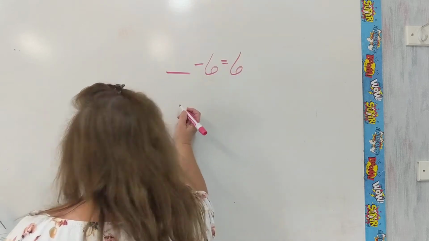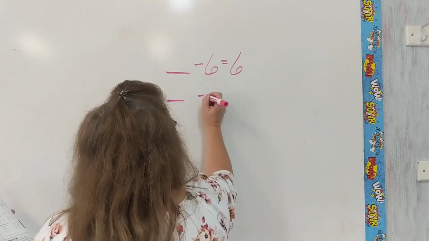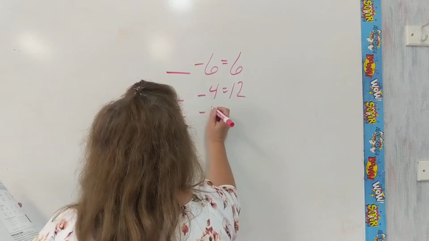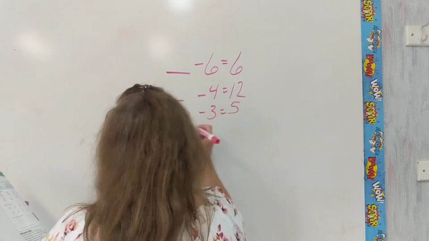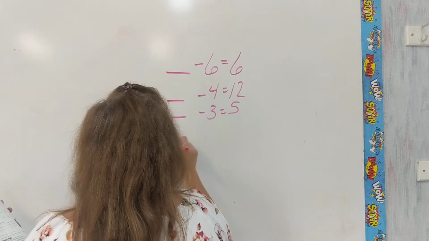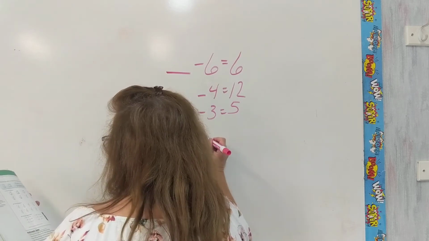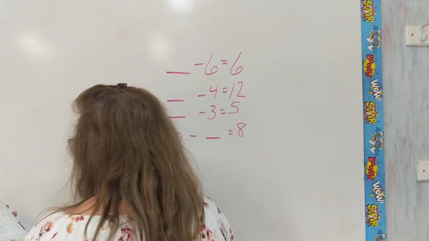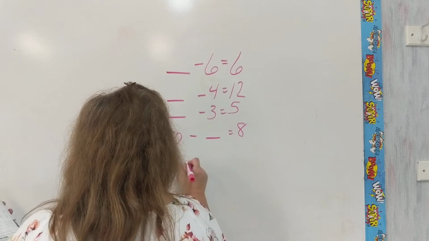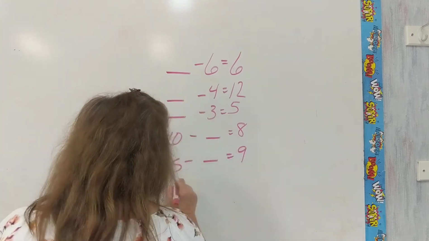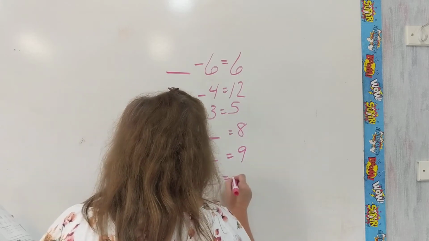Let me get all these written up here. Blank minus 4 equals 12, and blank minus 3 equals 5, and blank, oh no, this one's going backwards. And 10 minus blank equals 8. And 15 minus blank equals 9. And 15 minus blank equals 6.